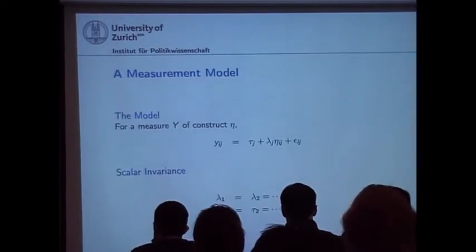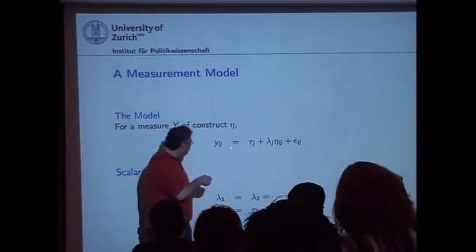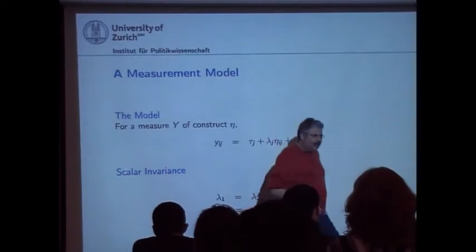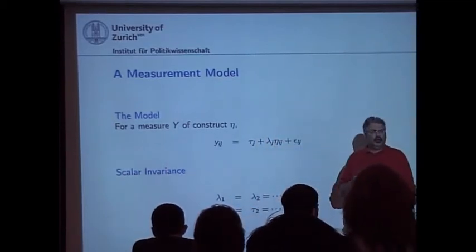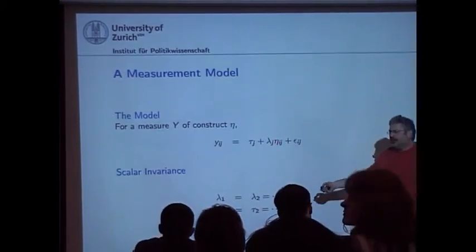So this is a factor analytic model. Here is my measure y_ij for individual i in context j, and here is the underlying latent variable that I'm trying to measure, eta_ij.